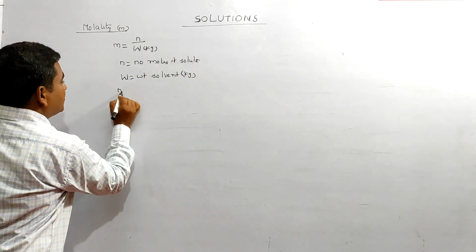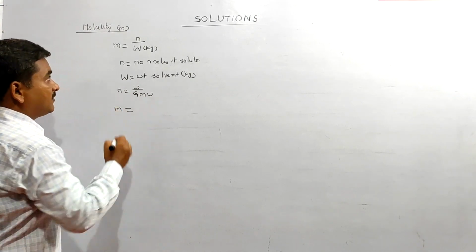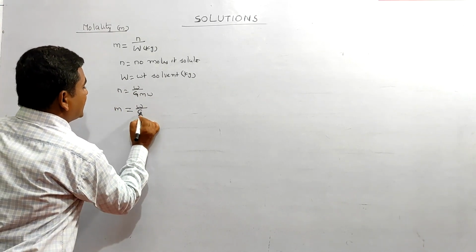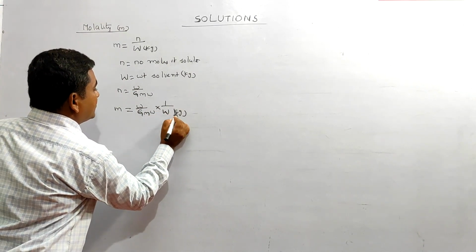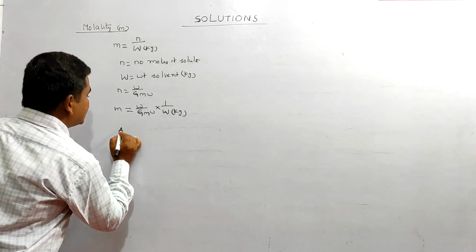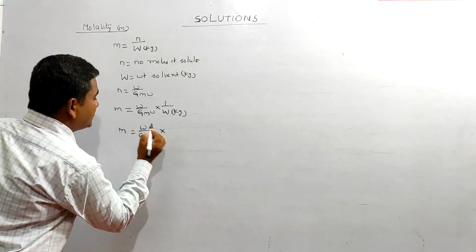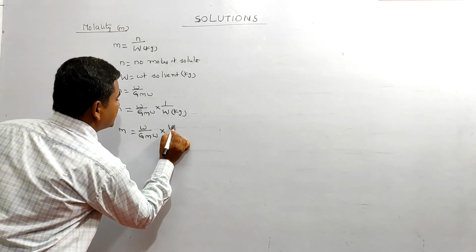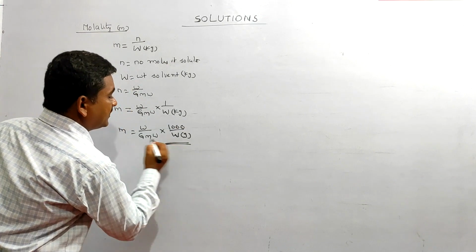We know N is equal to weight by gram molecular weight, and molality is equal to weight by gram molecular weight into 1 by weight of solvent in kilograms. Or molality is equal to weight by gram molecular weight into 1000 by weight of solvent in grams.